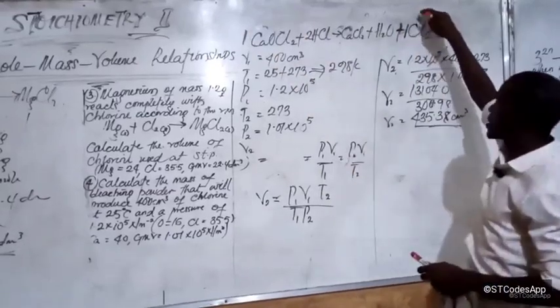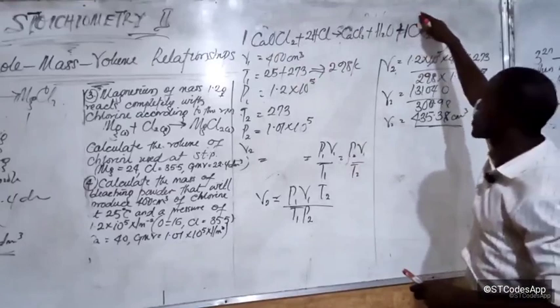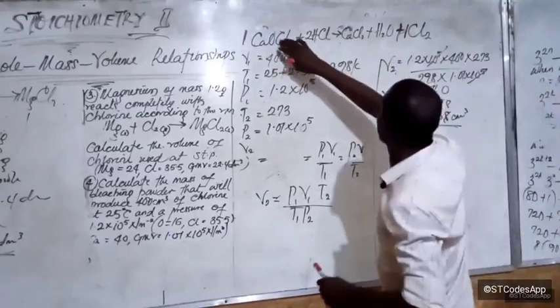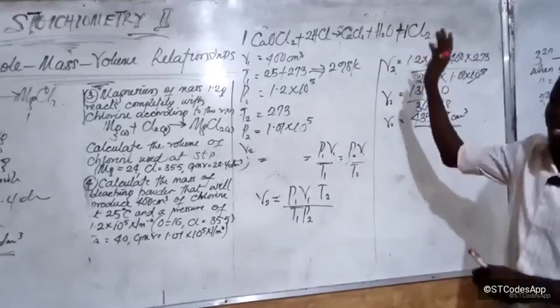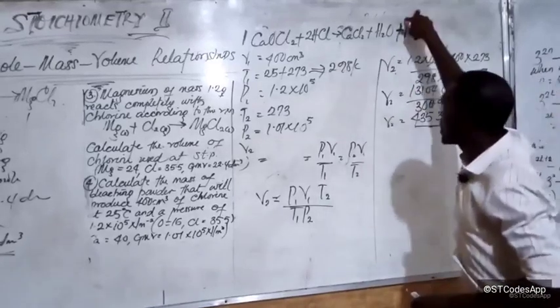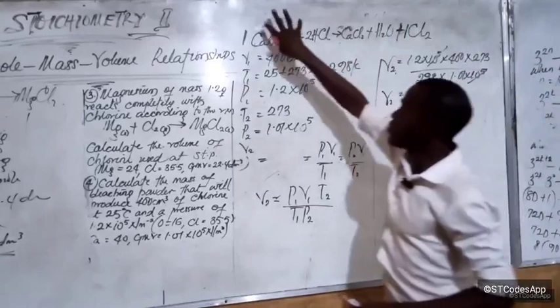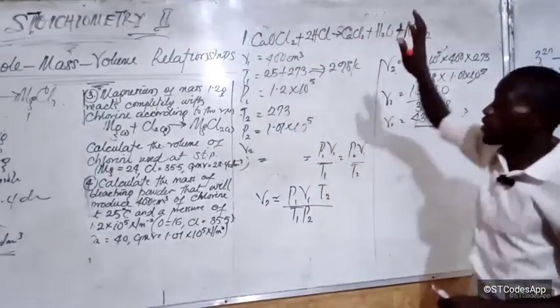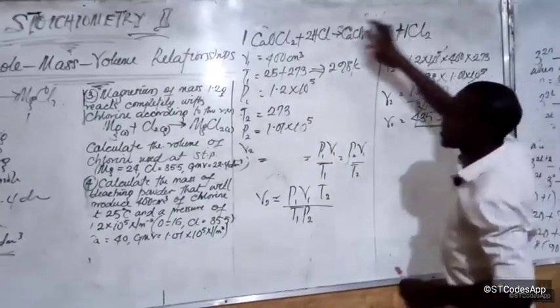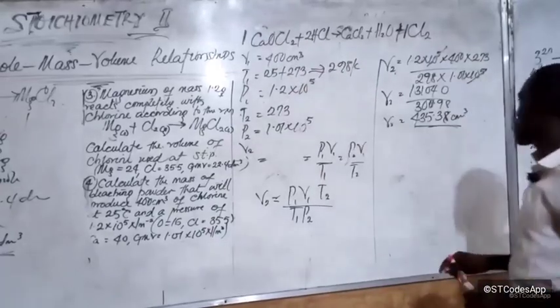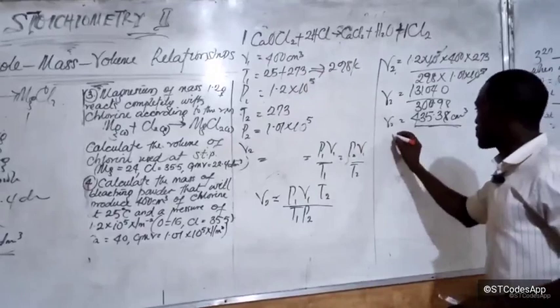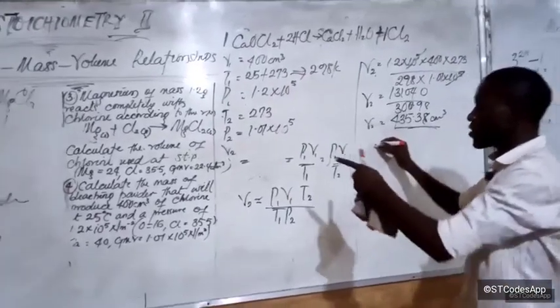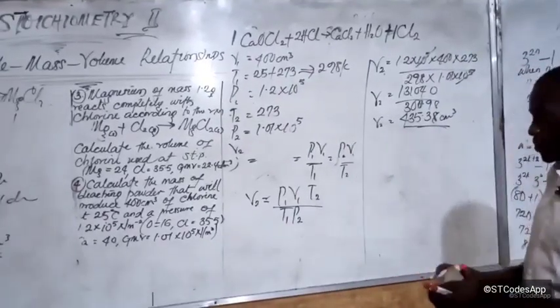So the amount of volume that this starts with is the amount of volume that is produced. So since at STP, we are calculating in mass now, the mass of bleaching powder.